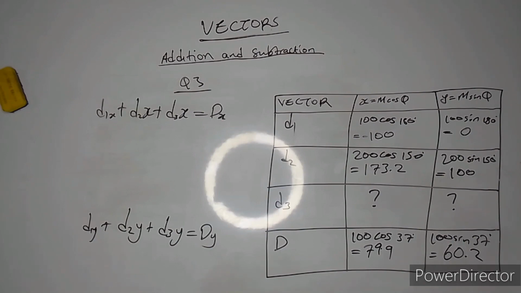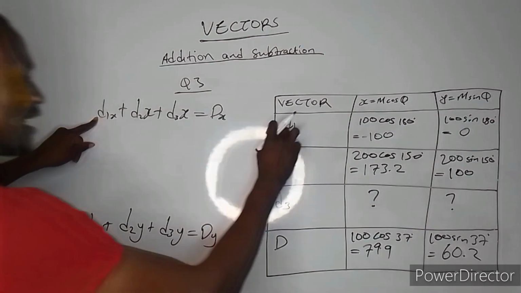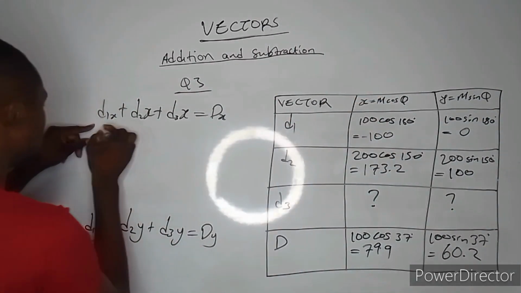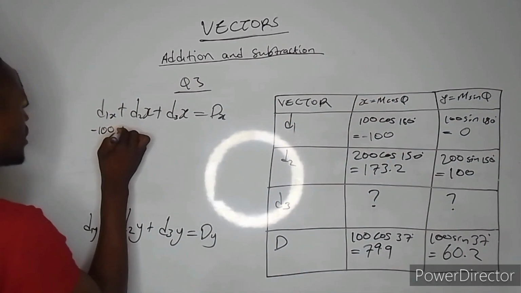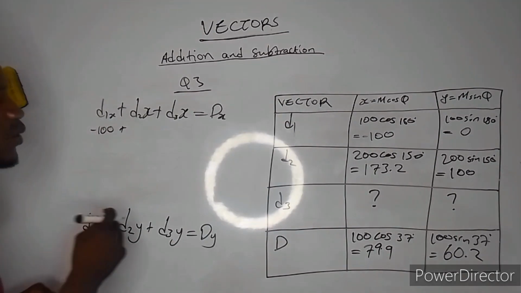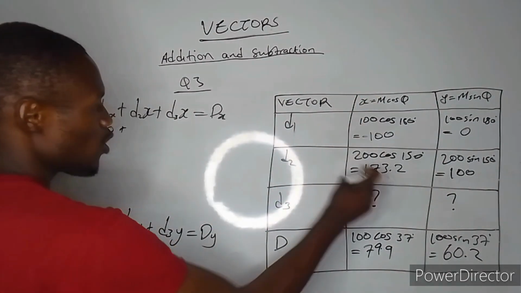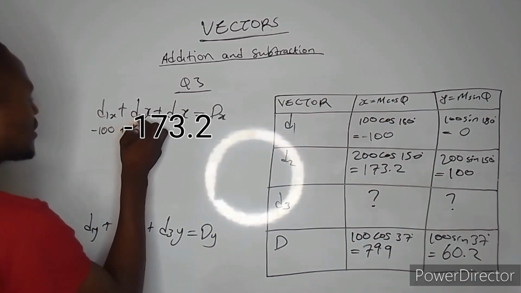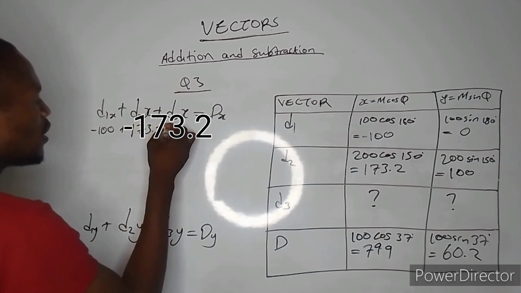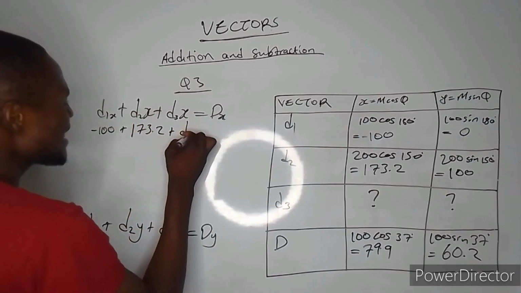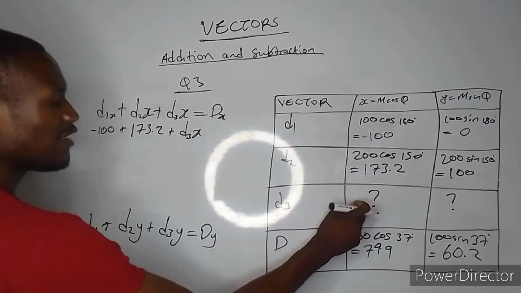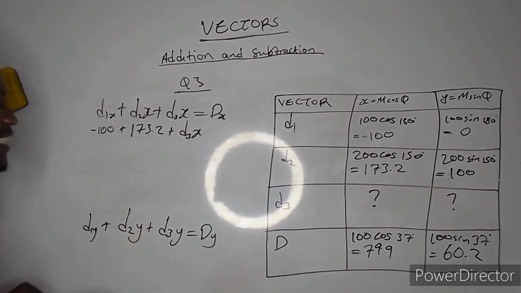Now, we will start getting the value since we already have those components. D1x, which is negative 100, adding with D2x component, which is negative 173.2, then plus D3x, we don't know, we don't have anything here, so just write it the way it is.